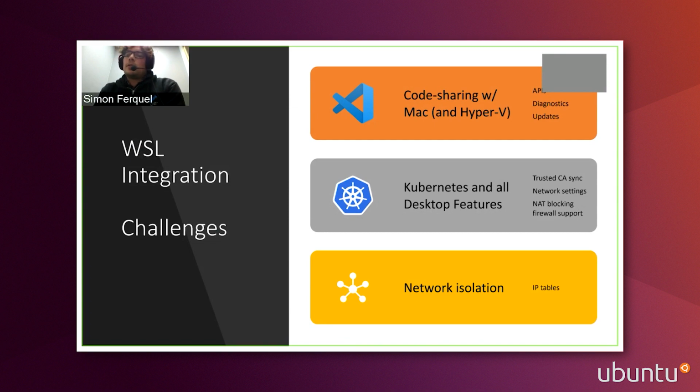Also, something that we wanted, and that is really important to us, is to have complete network isolation between your user distro and the Docker Desktop environment. That's really important because if you look at how WSL works in terms of distro isolation, if you run two different distros, you can see that they get the same IP address, they get the same network interface, and that's because they all run in the same network namespace.